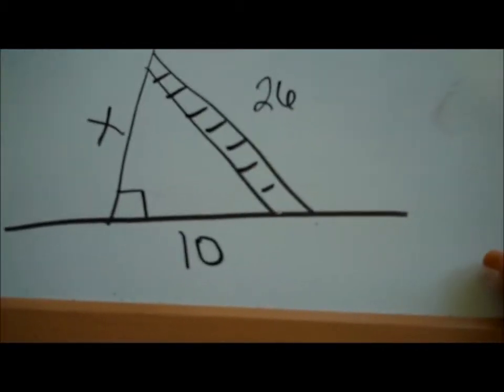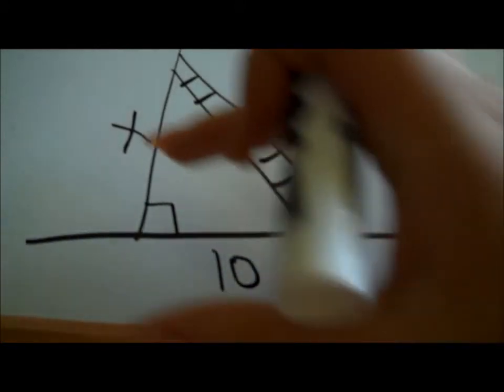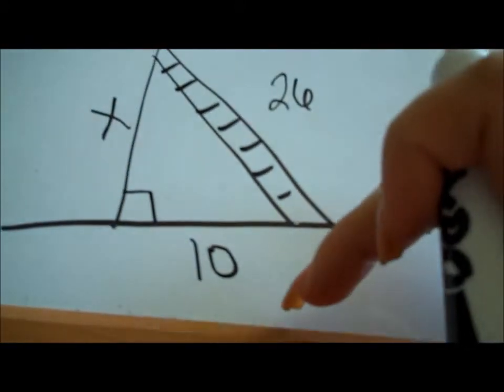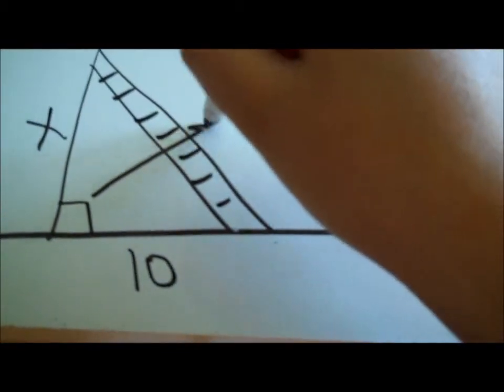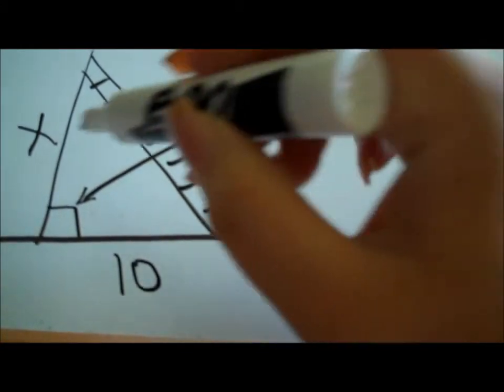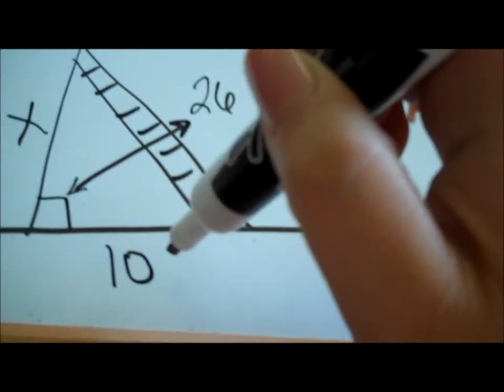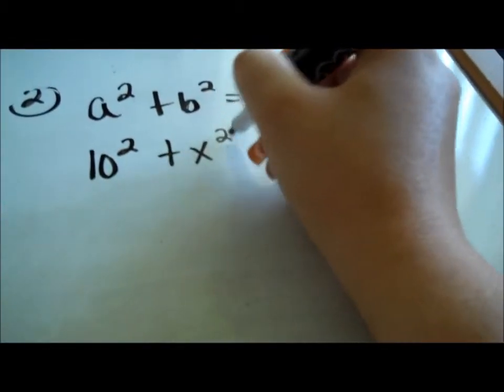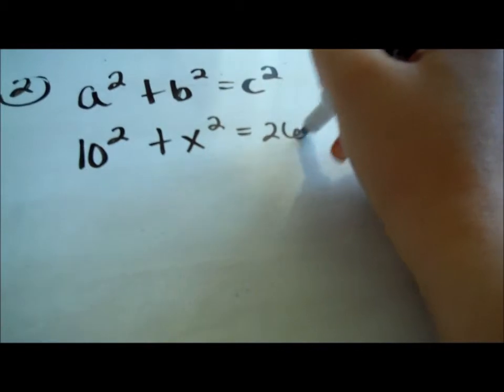Come back to our picture. Again, it doesn't matter which one is which for your a and b. So these are your a and b, and because this is opposite the right angle, this is your c. So I'm going to stick this in for a and b, and that in for c. So 10 squared plus x squared equals 26 squared.